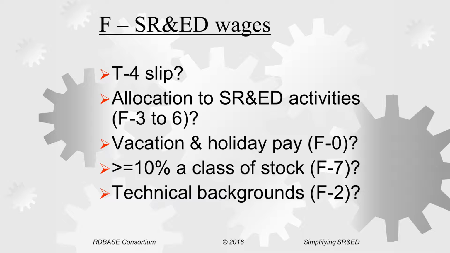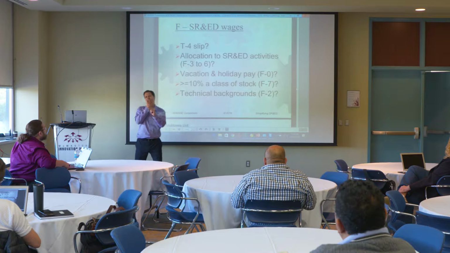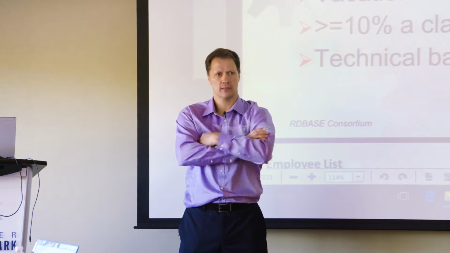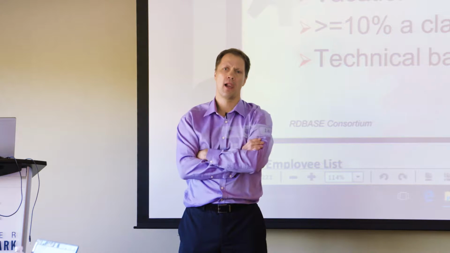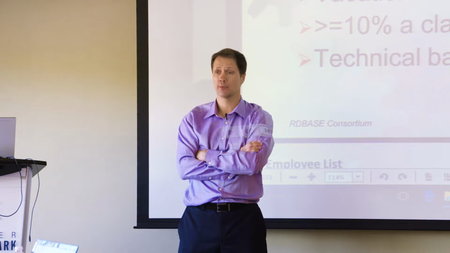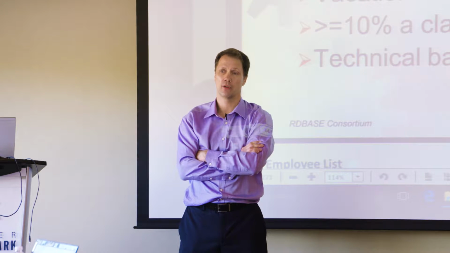So I say, whoa, wait a second. If I think I'm paying an employee $30 an hour, because that's what I pay him on his paycheck, it's just hours times $30, I'd argue for tax purposes in SR&ED, I'm probably paying him or her $33 an hour.